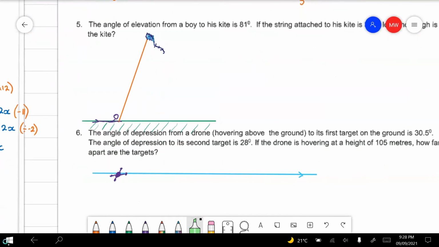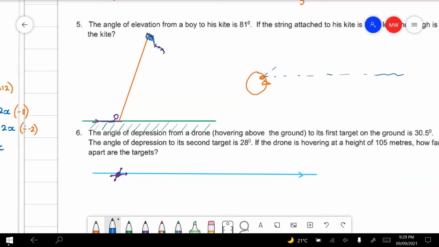Question 5, I've drawn ahead of time. So what we've got here is someone flying their kite, and we haven't talked about angles of elevation or depression at this point, but the best way to think about this is your line of sight, so this is your line of eyesight here, if you're looking straight ahead.